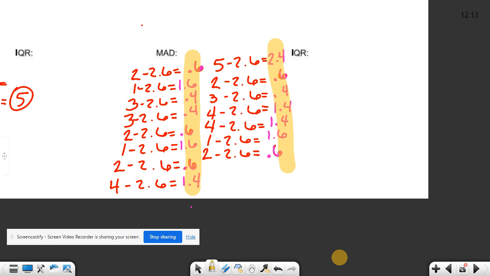So 0.6 plus 1.6 plus 0.4 plus 0.4 plus 0.6 plus 1.6 plus 0.6 plus 1.4 plus 2.4 plus 0.6 plus 0.4. It's 15.6.